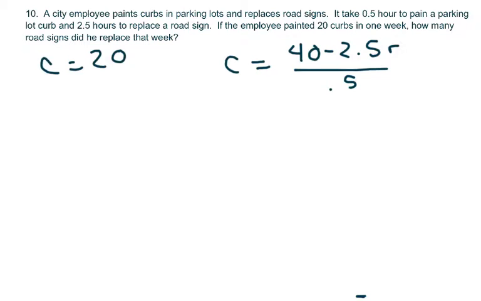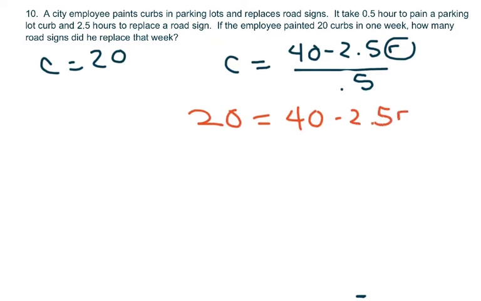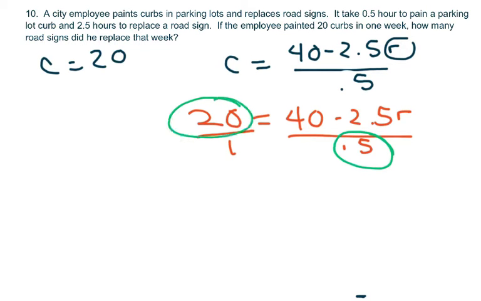And the last one is, they give you the formula, which is nice. This is 0.5. And they just want you to solve for R. How many roadsides? So I'm going to plug in 20 and then solve for R. Now when I cross multiply, I'm basically saying 1/2 times 20, which is 10.